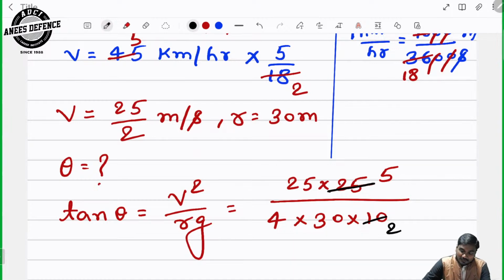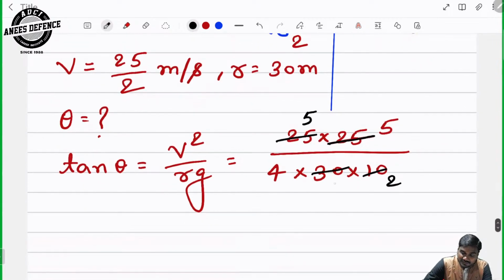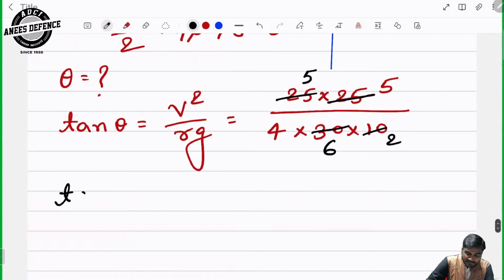Is it clear? Yes. Again 5 fives are 25 and 5 sixes are 30. So what are you getting?